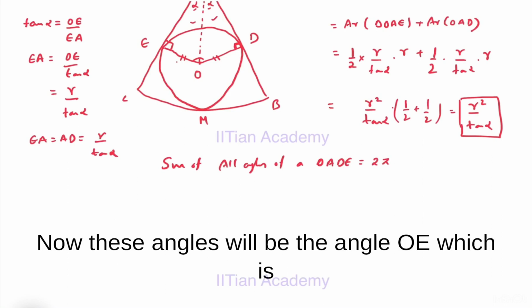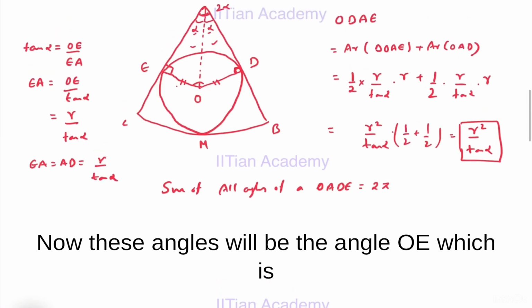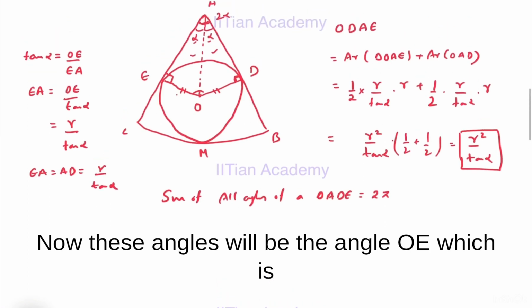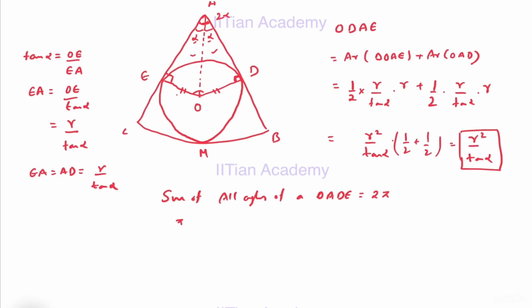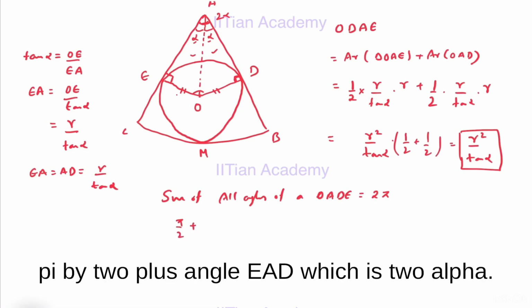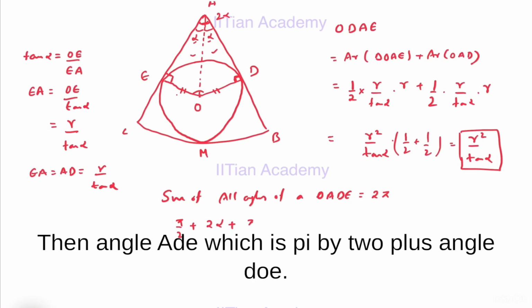These angles will be the angle OEA, which is pi by 2, plus angle EAD, which is 2 alpha, then angle ADE, which is pi by 2, plus angle DOE.